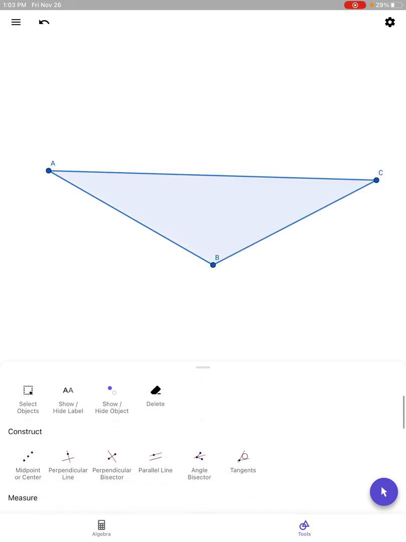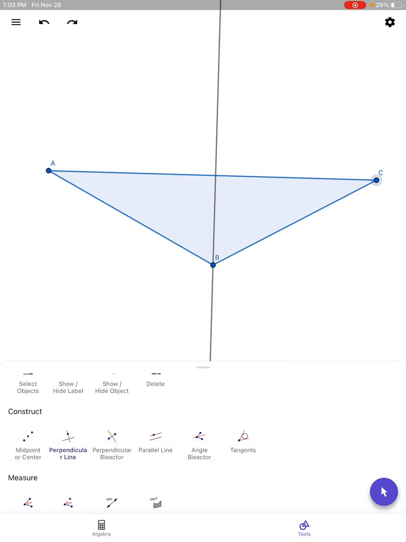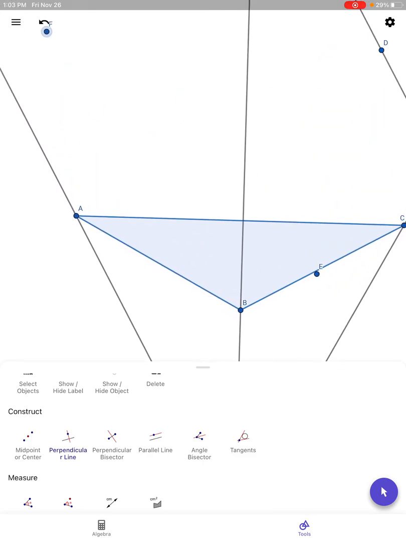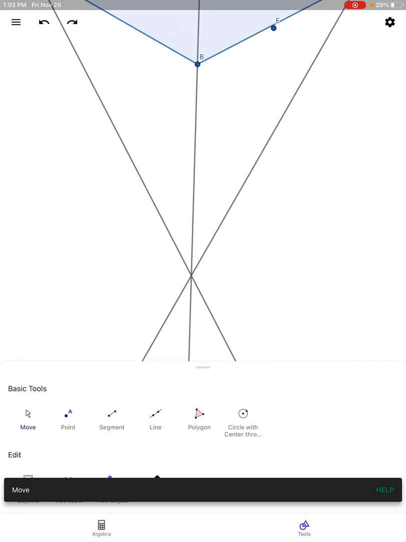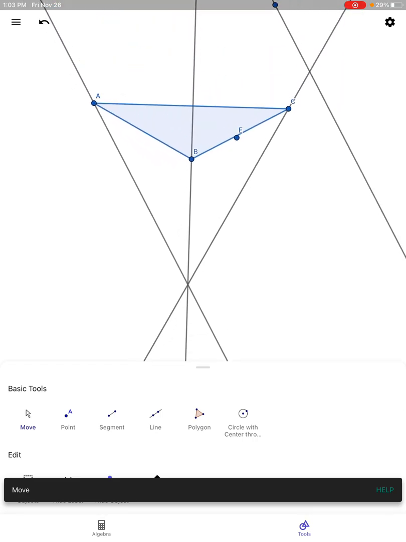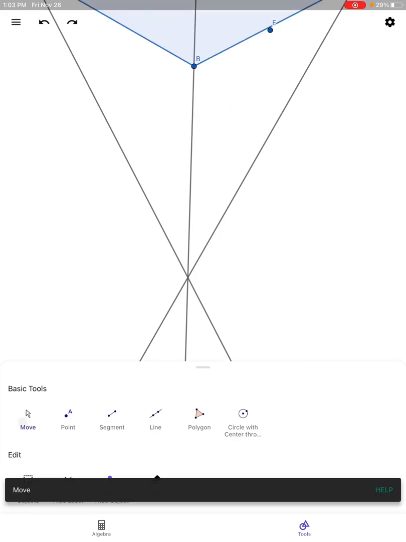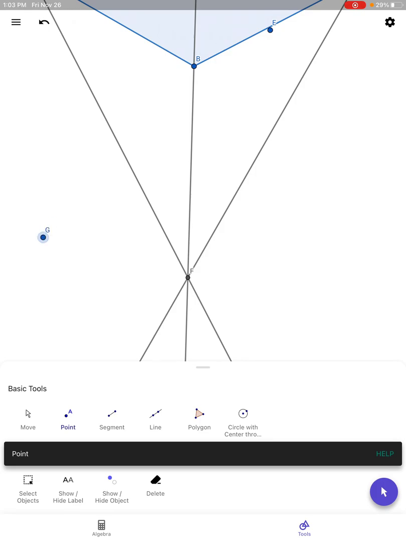If I have an obtuse triangle, my orthocenter is going to be outside of my triangle. So you can see the orthocenter is actually all the way down here. Where does it cross? It crosses all the way down here to get to my orthocenter. That's for an obtuse triangle.